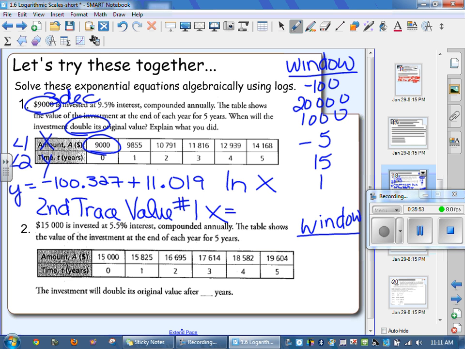So how long is it going to take for it to double to 18,000? And go to the nearest tenth of a year, so the nearest 1 decimal place. What did you get for y? You're going to get 7.6. Okay, everybody get 7.6? Okay, check your work.